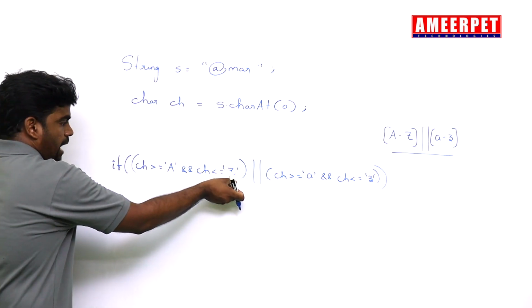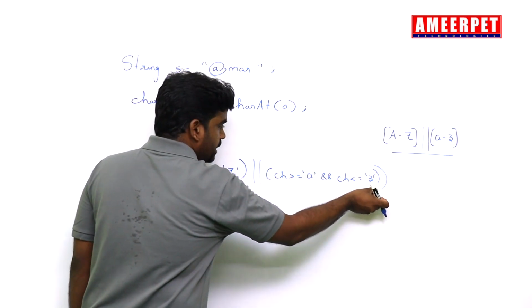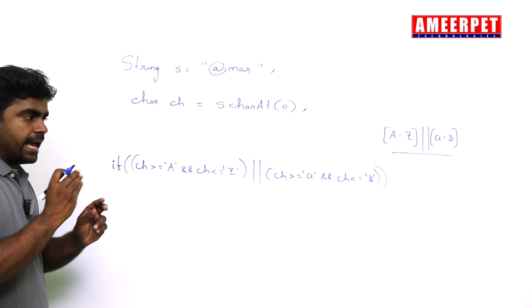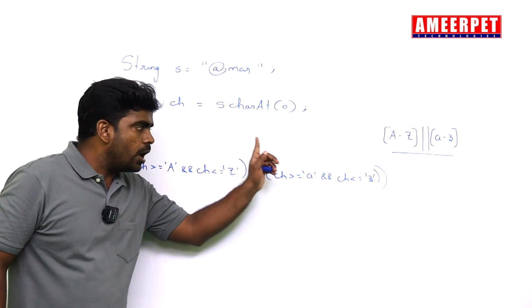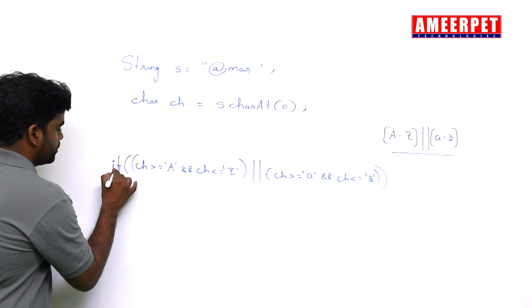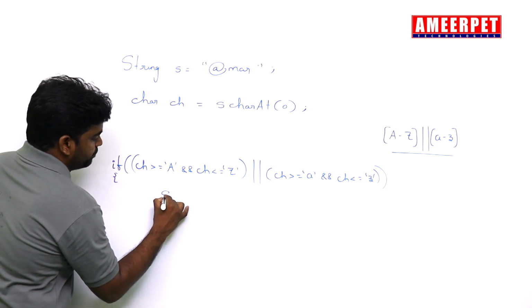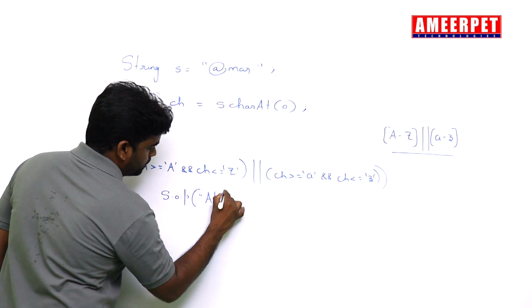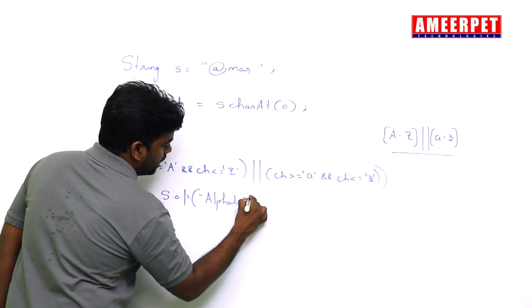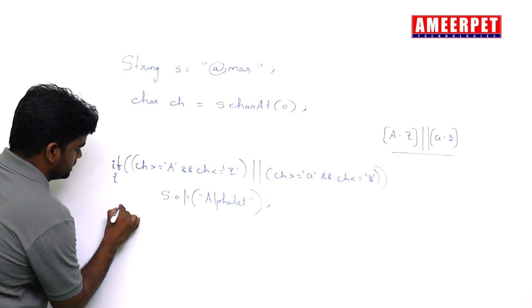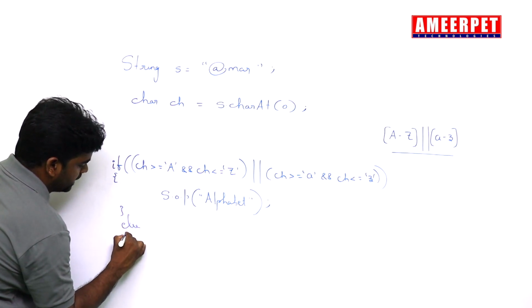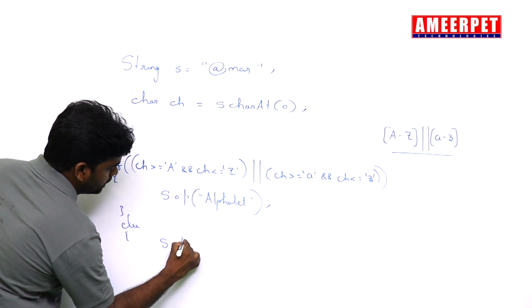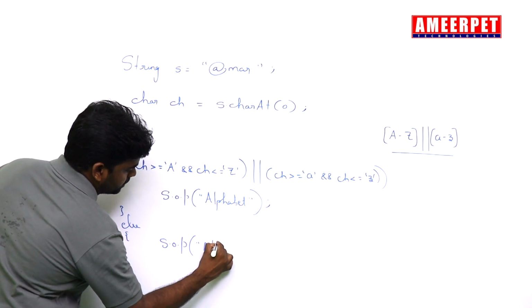This is checking uppercase and this is checking lowercase. If the character is either uppercase or lowercase, then we can say that the first character is an alphabet. Else the first character is not an alphabet.